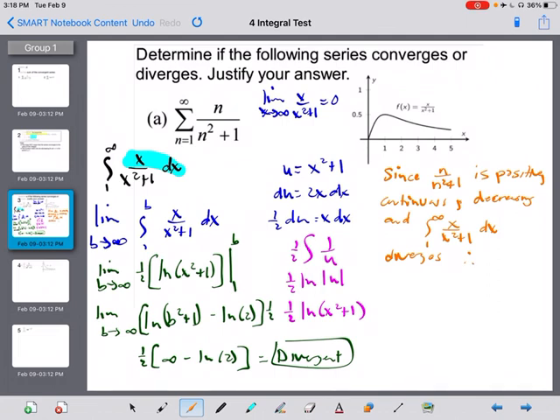Therefore, the sum from n equals 1 to infinity of n over n squared plus 1 also diverges by the integral test. It's a long write-up.